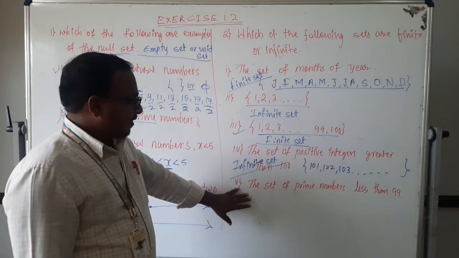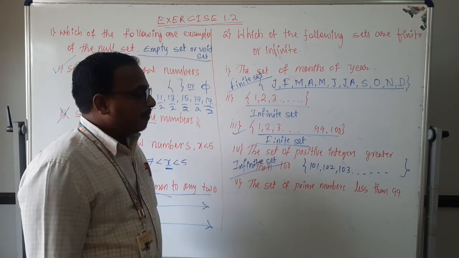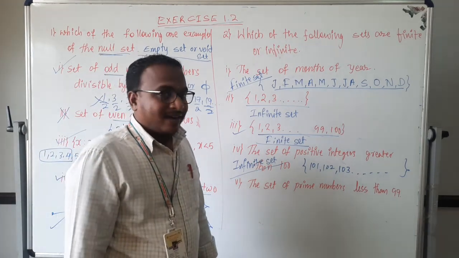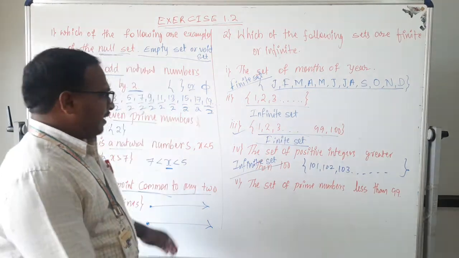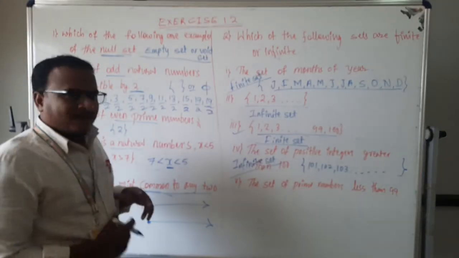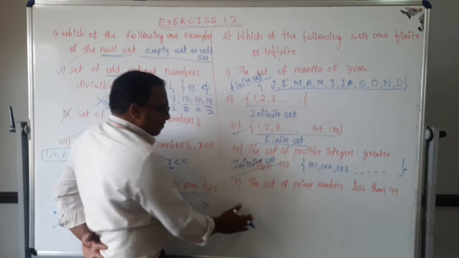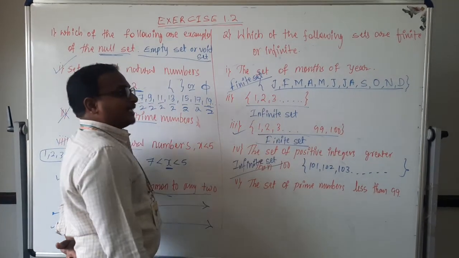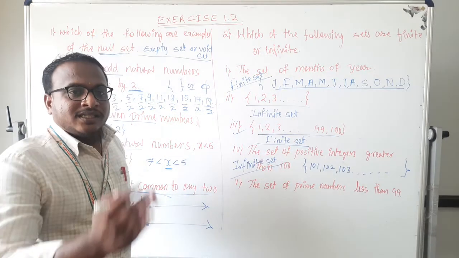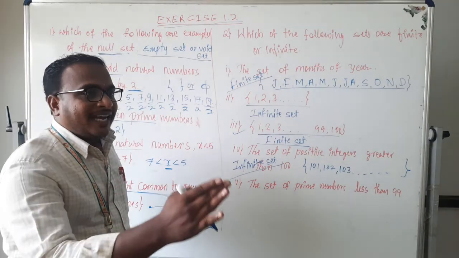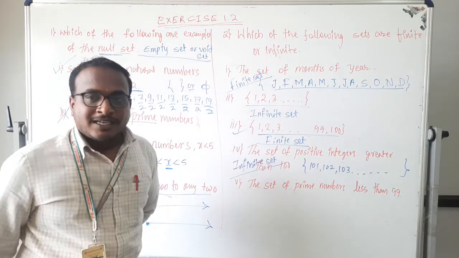Next, the fifth one: the set of prime numbers less than 99. We already discussed prime numbers in the last example. A prime number is a number divisible only by itself and by 1.